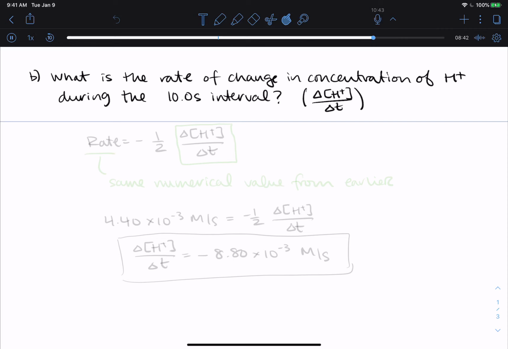So the first thing to do here is to write the definition of rate in relation to the H plus. So it is a reactant, so it gets a negative. It has a coefficient of 2, so it gets the 1 over 2, then delta H plus over delta T. So now this is the thing that we're solving for, and the rate of reaction, like I said, is the same numerical value from earlier.